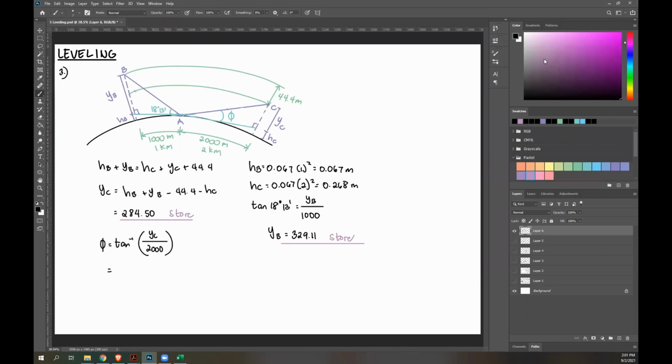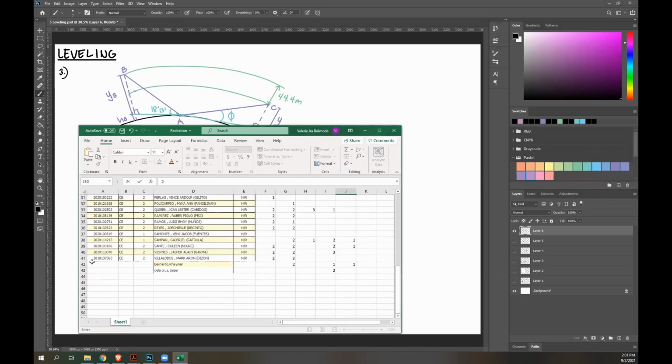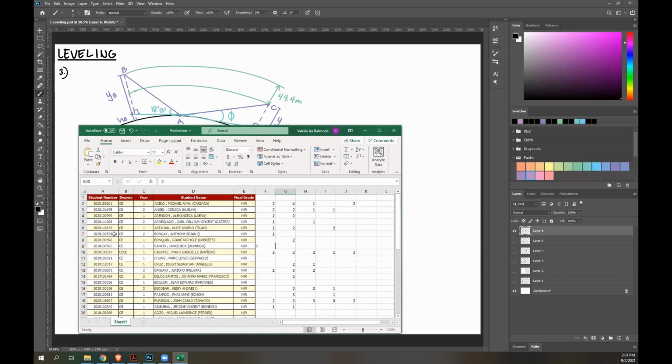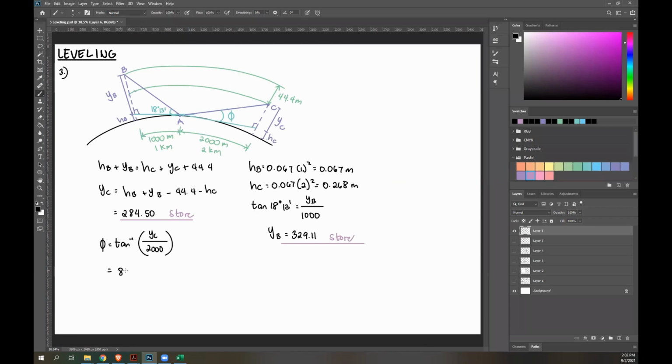Correct. 8.10 degrees. Okay, so that's it for number 3.